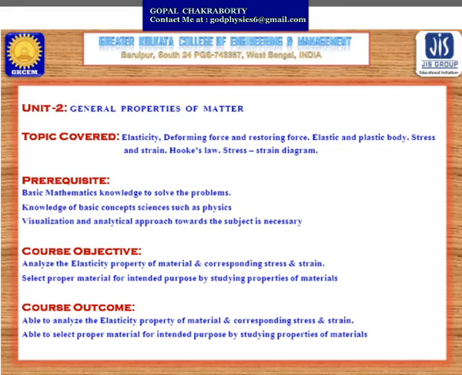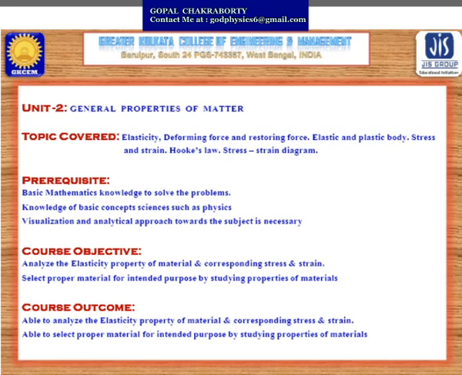These topics are under Unit 2, which is general properties of matter. The prerequisites for these topics are basic mathematics knowledge to solve the problems, knowledge of basic concepts of science such as physics, and visualization and analytical approach towards the subject is very necessary.